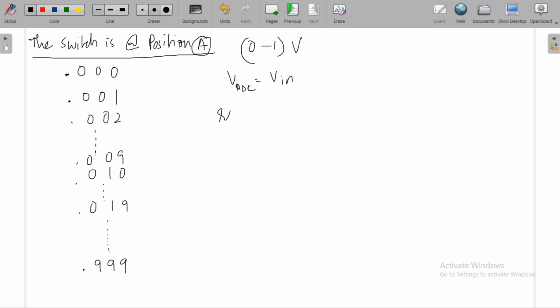What is the resolution? The minimum voltage that can be detected by this instrument is 0.001 volts. So this is one step, the first step. Next you are going to have the thousandth step, from this number to this number.